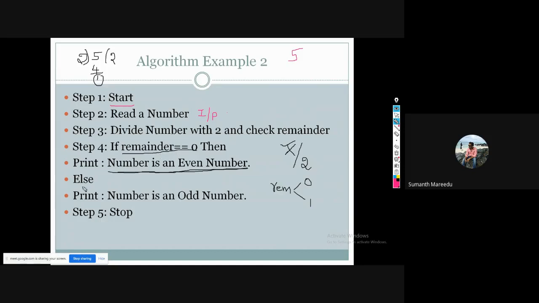I'll say it as else. So else means the remainder is not 0, the other case. The other case is when the remainder is equal to 1. Then I'll print the number is an odd number.